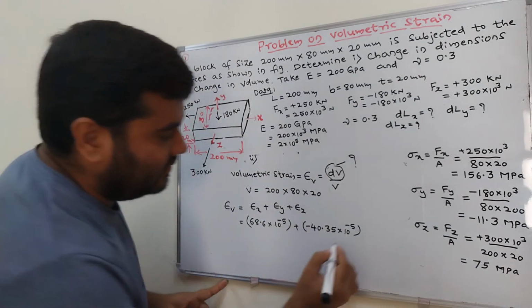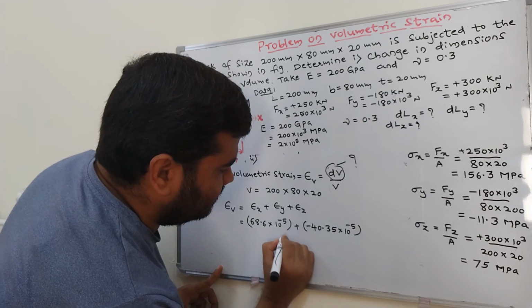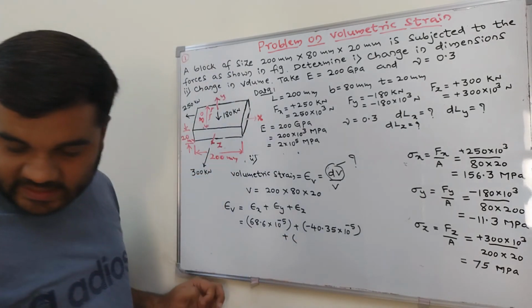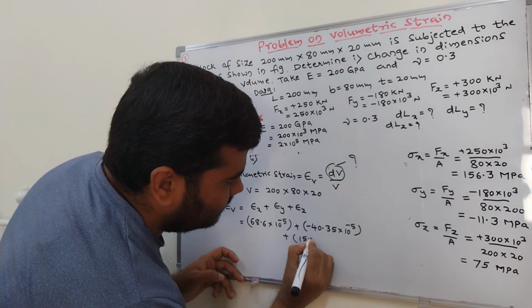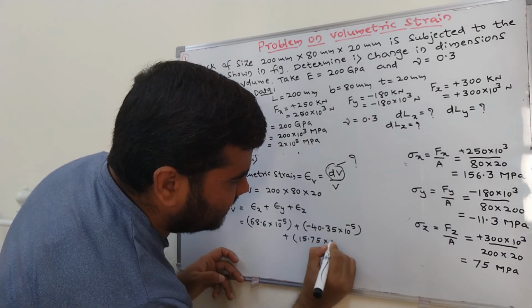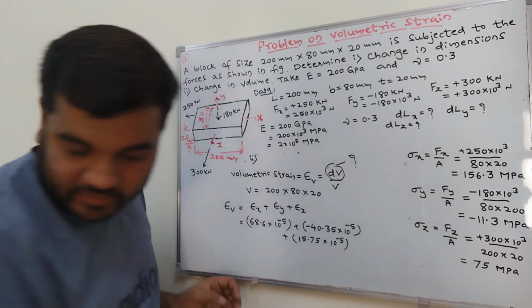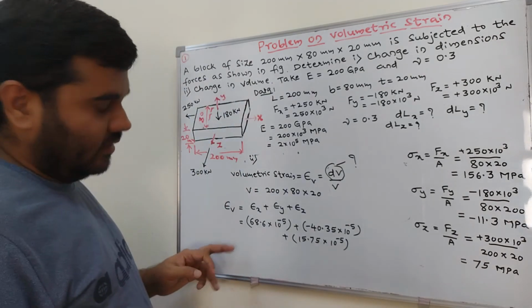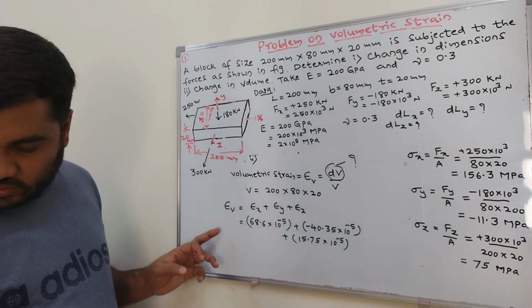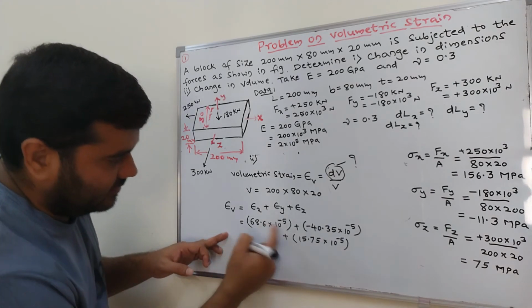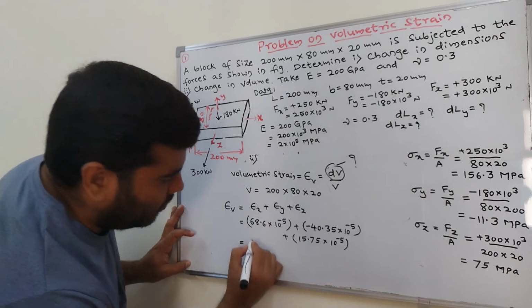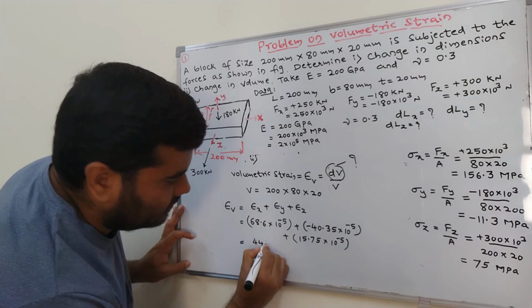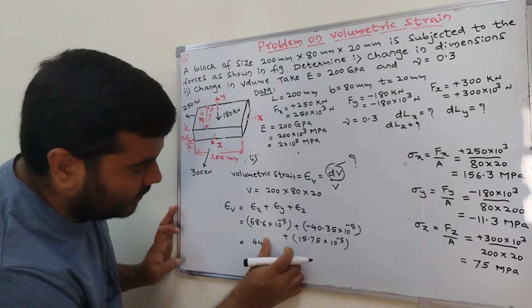Next, strain in z direction is 15.75 into 10 raised to minus 5. After adding all of these, I got 44 into 10 raised to minus 5.